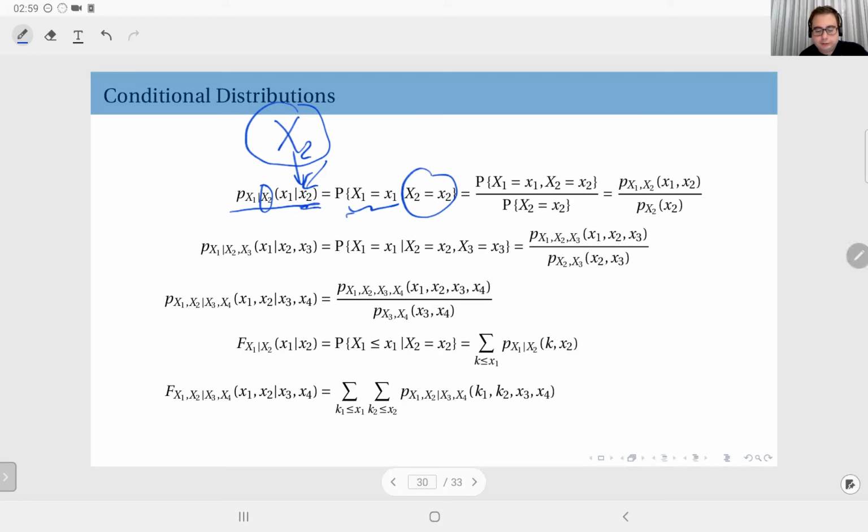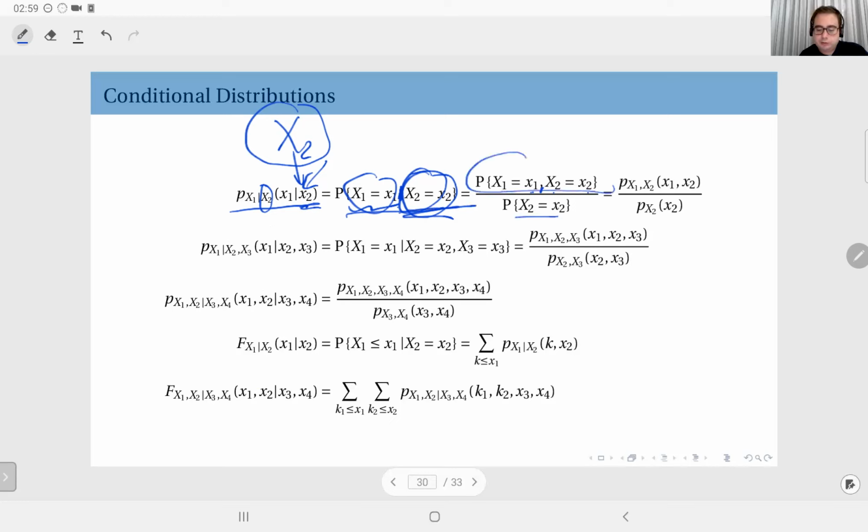So here, this is just a conditional probability. We have dealt with this since week number 2. This is this event intersection with this event. Probability of that intersection divided by probability of the condition, by definition. So that is probability of x1 equals parameter x1 and x2 equals parameter x2 over probability of the condition, random variable x2 equals parameter x2.